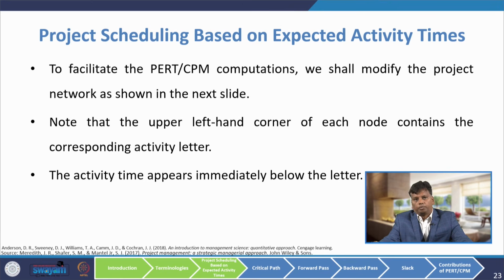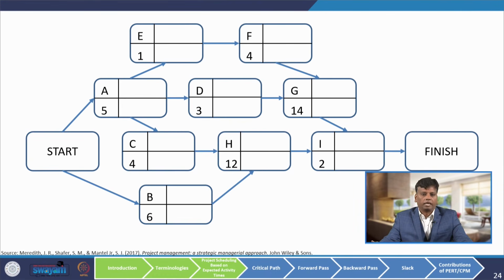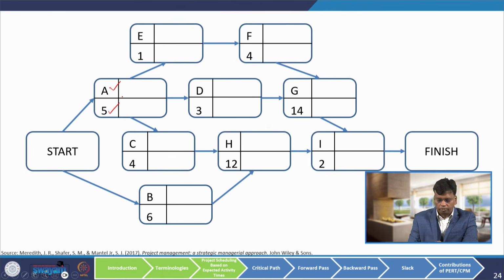To facilitate PERT CPM computations, we shall modify the project network as shown in the next slide. Note that the upper left hand corner of each node contains the corresponding activity letter. The activity time appears immediately below the letter. For example, A represents the activity name, and the 5 is the duration of the activity.